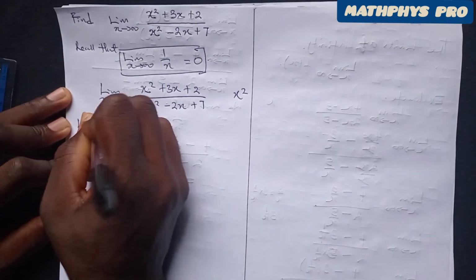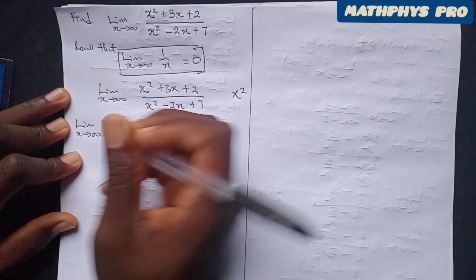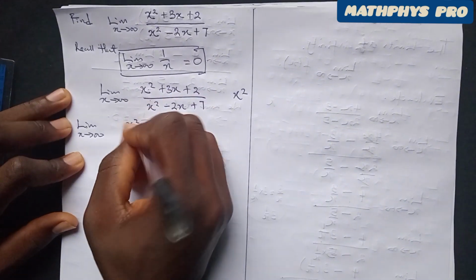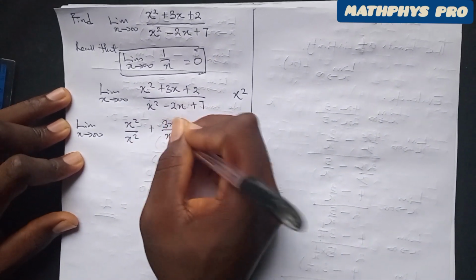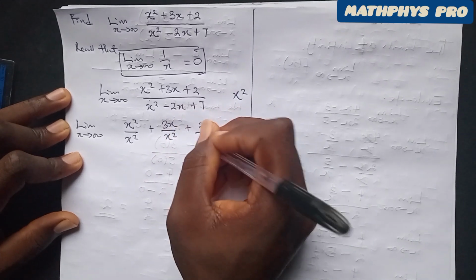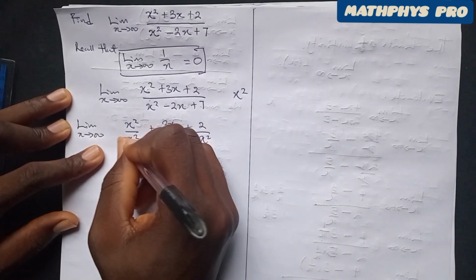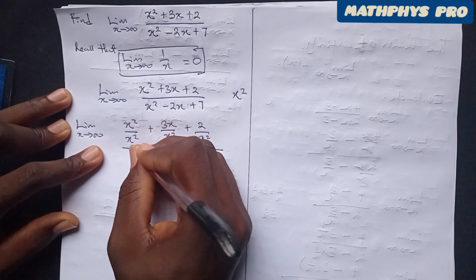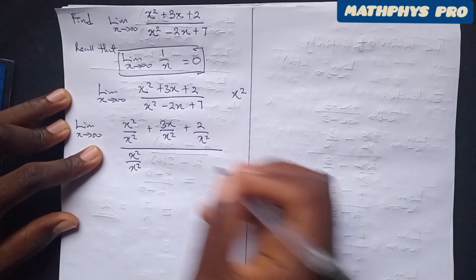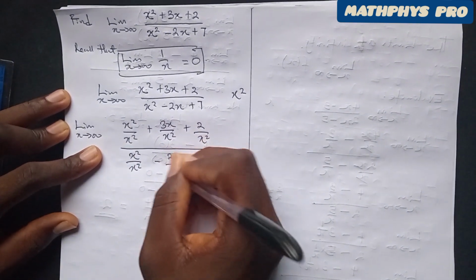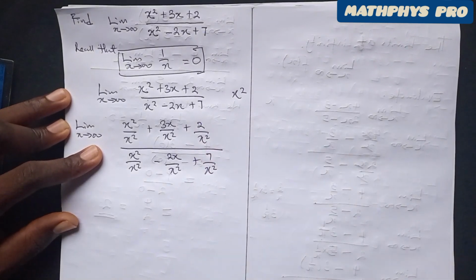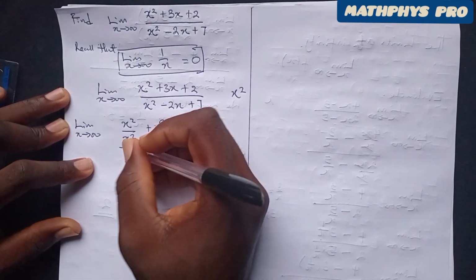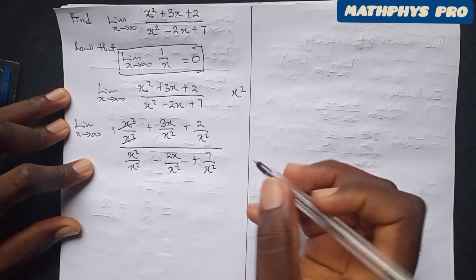So we say the limit when x approaches infinity of x squared divided by x squared plus 3x divided by x squared plus 2 divided by x squared, over x squared divided by x squared minus 2x divided by x squared plus 7 divided by x squared. So x squared divided by x squared is what? 1.